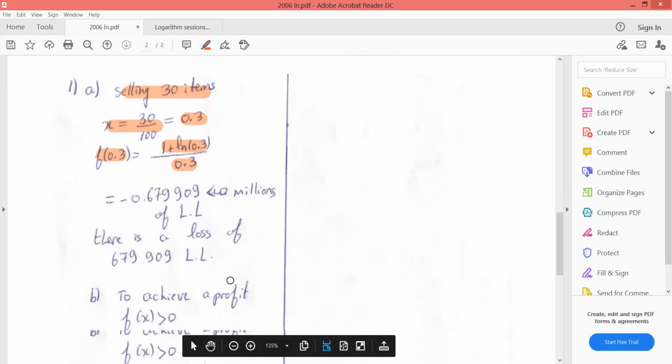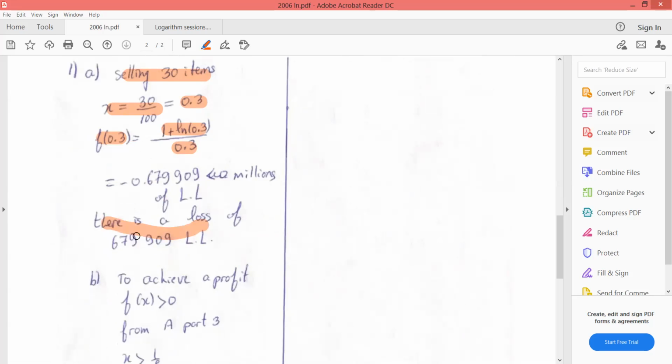How much is the loss? We multiply this one by a million: 679,909 Lebanese lira. So to find if we have a profit, we replace the value of x in the function. x is 0.3, f of 0.3 is 1 plus ln 0.3 over 0.3.